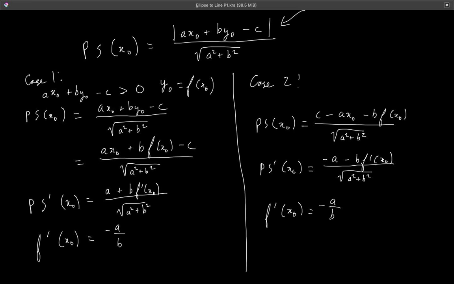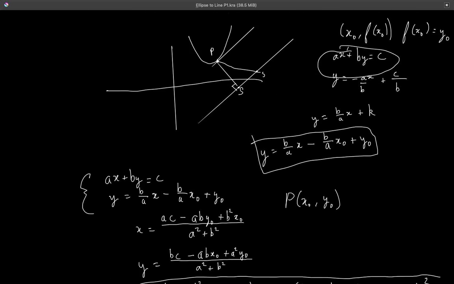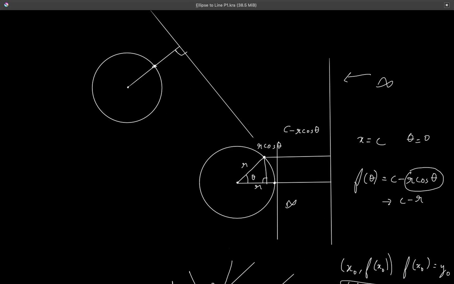This theorem right here is going to become very useful in confirming that a method that we will develop is actually a valid method for finding the shortest distance between an ellipse and a line. Because this method is just like the circle method right here. It was heuristically and intuitively completely obvious. It didn't even seem like we needed a proof, but this is math.